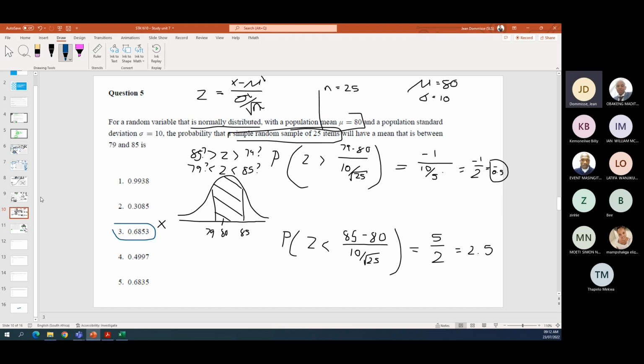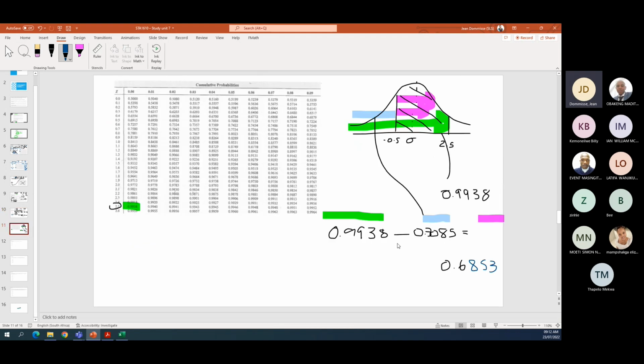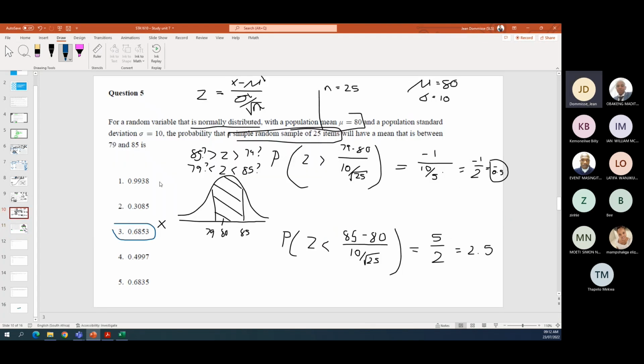Also, when we look at this, there is the 0.9938, and there is the 0.3085.